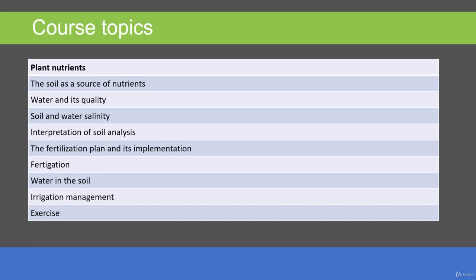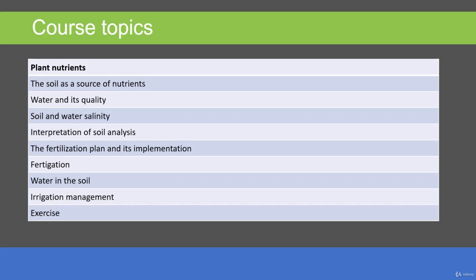And we'll also learn how to interpret soil test results, also tissue and water test results, of course. We'll learn how to design fertilization programs and also application methods. We'll talk about fertigation, and we'll talk about the water in the soil and on irrigation management.